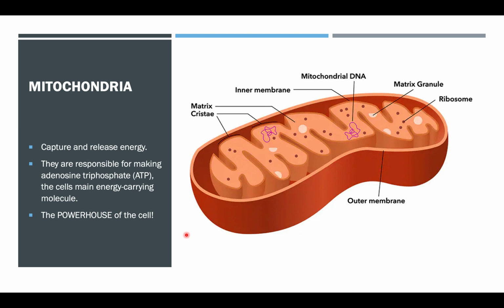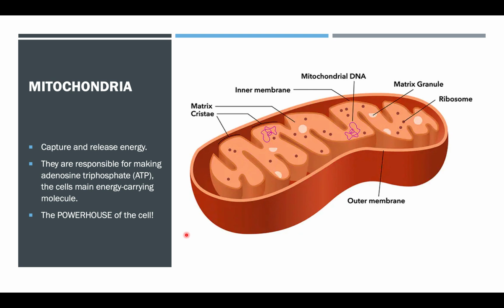The cell's main energy-carrying molecule. The way I like to explain that is to think of it as money within the cell. In order to do anything within the cell, ATP, or money, would be needed in order to pay its way.